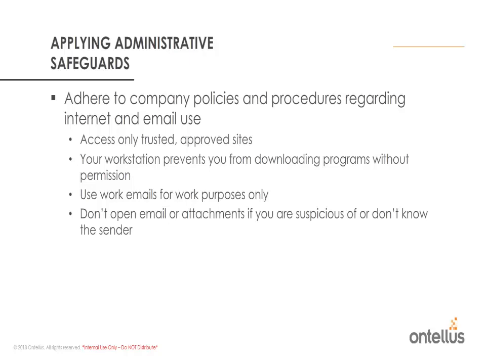These company policies, for example, instruct you to access only trusted, approved sites, and also tell you that your workstation will prevent you from downloading programs without permission. Your policy also tells you to use work emails for work purposes only, and to not open email or attachments if you are suspicious or don't know the sender.